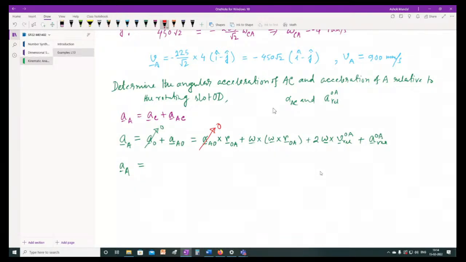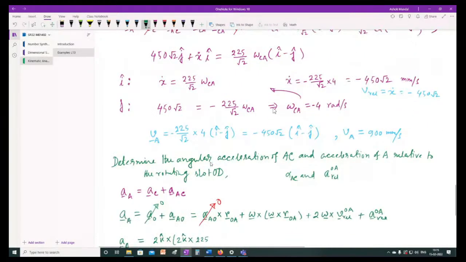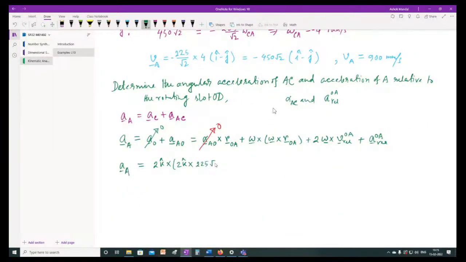And then what about the other terms? Let us write down. What is omega? This is 2k into ROA. What is this? 225 क्या था बताओ? 225 √2 I plus 2k into V relative OA.